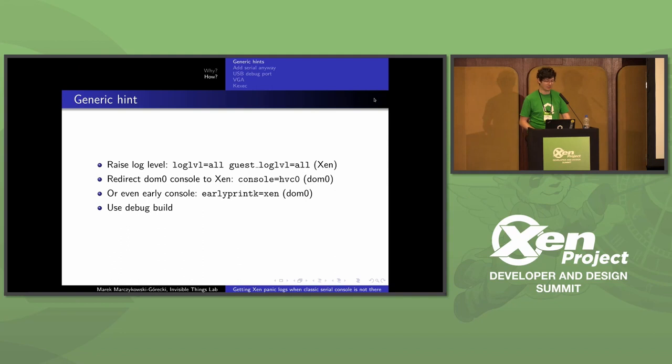So pass console=hvc0 to the DOM0 kernel, and that requires a Xen build with CONFIG_VERBOSE, if I remember correctly. Otherwise, those logs will be mostly ignored. And there is also early console, Linux early console logging to Xen, with earlyprintk=xen. That's also helpful if you are interested in DOM0 logs. And of course, for debugging, use a debug build.